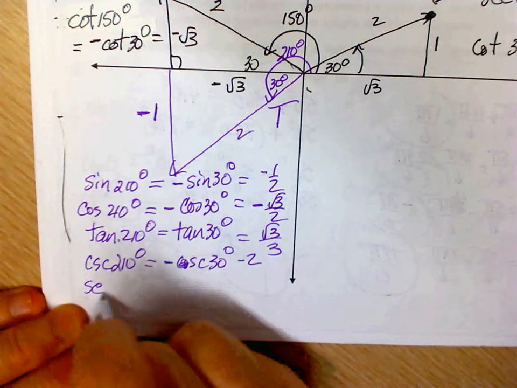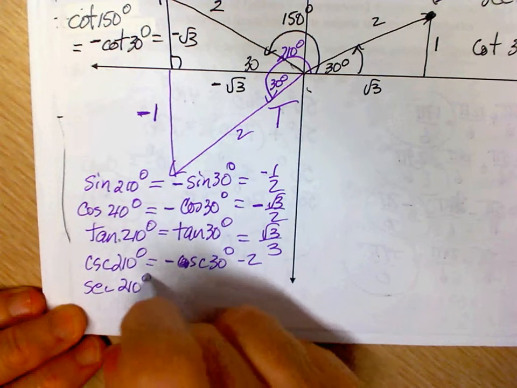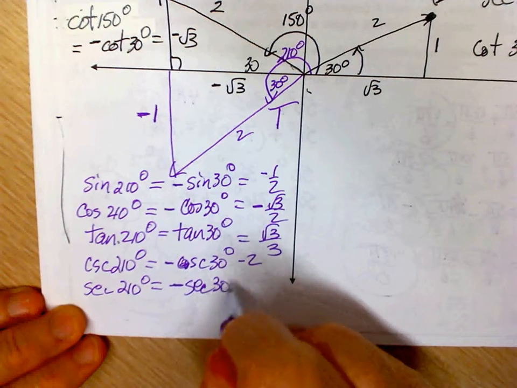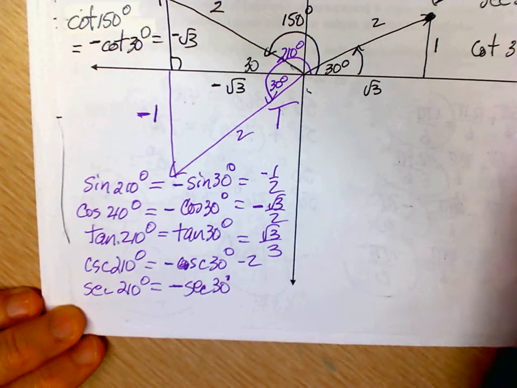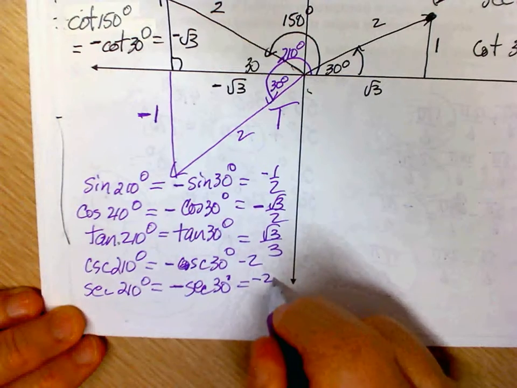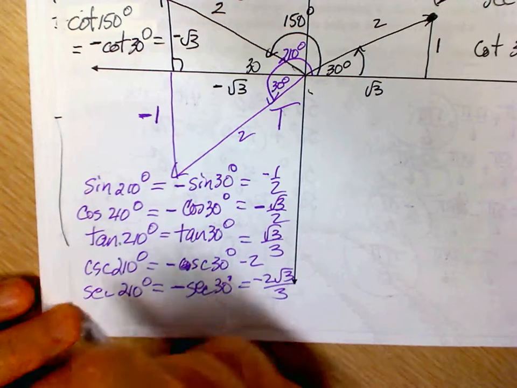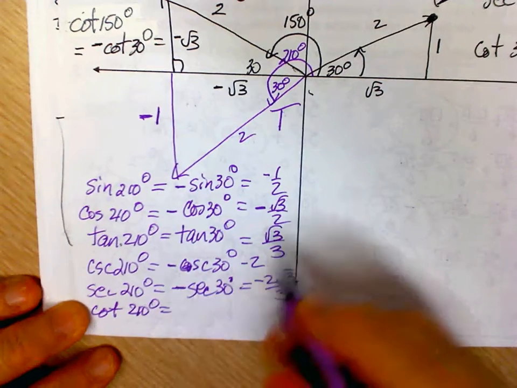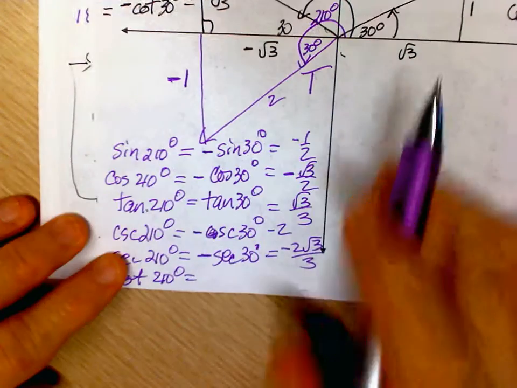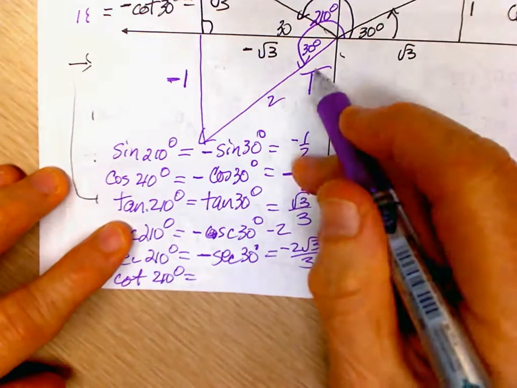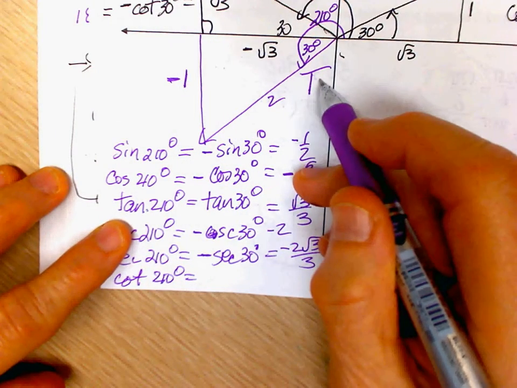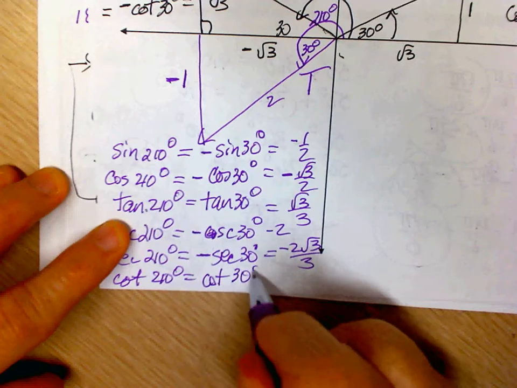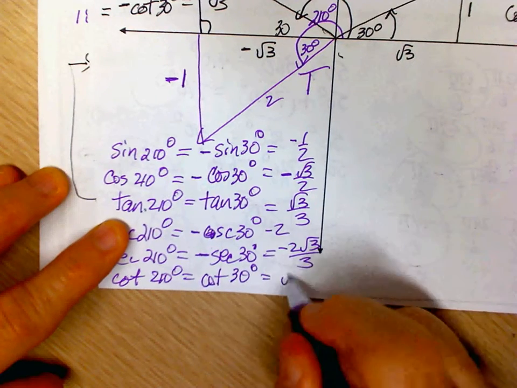Secant of 210 degrees will be the negative secant of 30 degrees, and that will be negative 2 root 3 over 3. And cotan of 210 degrees will be the reciprocal of tan, which is positive here, so this will equal the cotan of 30 degrees, and that is equal to root 3.